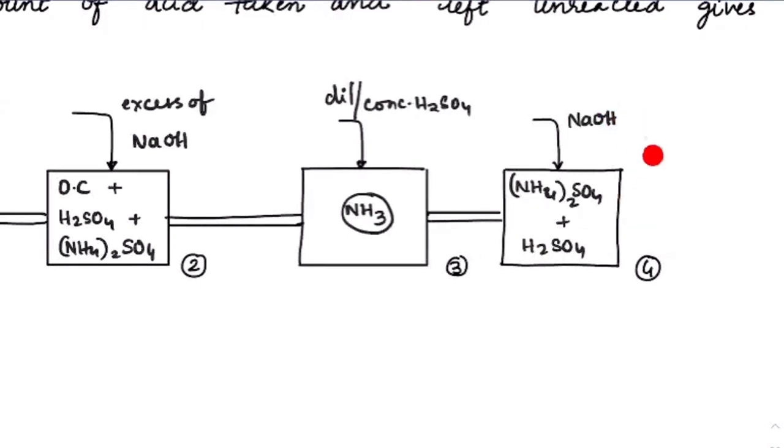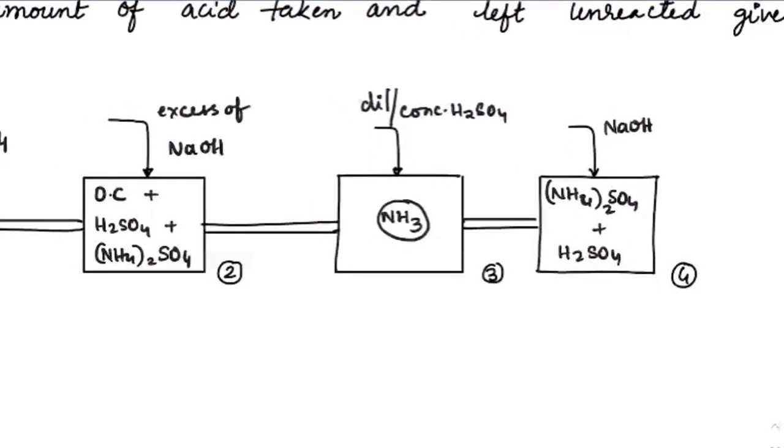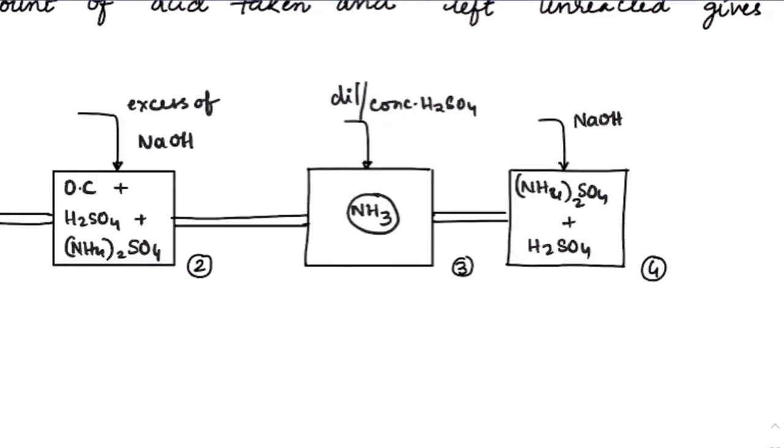We add the exact amount of NaOH required, not excess, to titrate the H2SO4. Whatever amount is present, this is the leftover H2SO4 that is titrated with NaOH. So this is the titration. Eventually we get ammonium sulfate, got it?